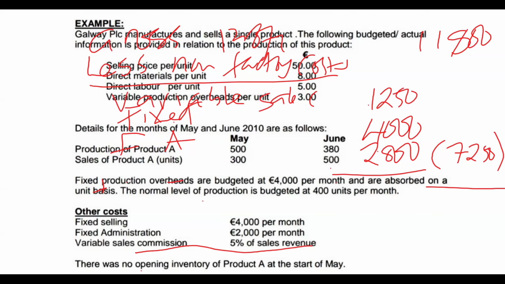Right? And that can be deducted from gross profit so that we can ascertain the net profit or the net loss. What do we get? The difference. Gross profit is 11,800 minus 7,250. What do we find?